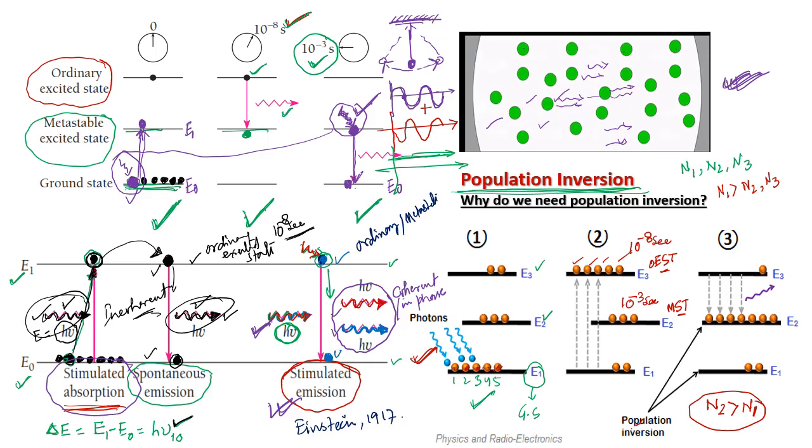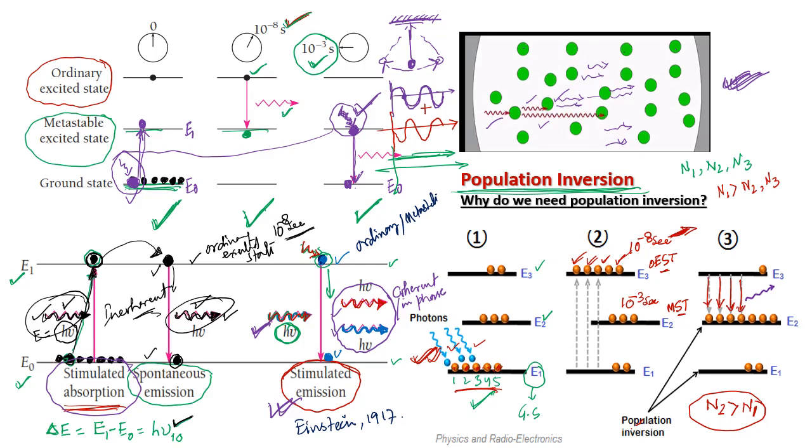If I do the stimulated absorption, the atoms which are in the ground state absorb the energy given by the photon and move to the ordinary excited state. Then, after spending some time there, these atoms spontaneously come down to the metastable state.